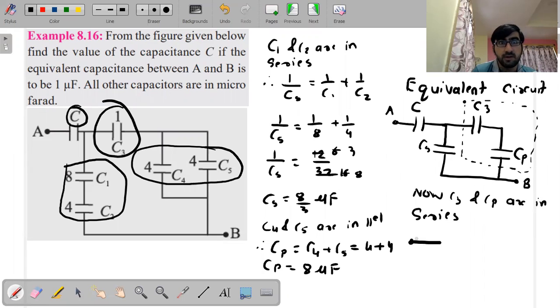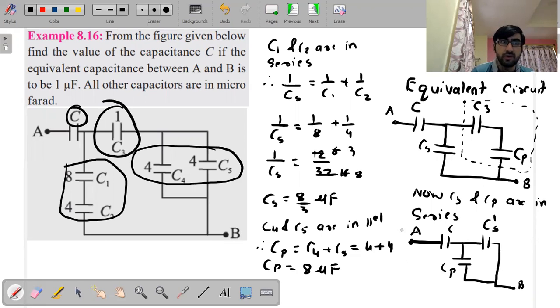So you have a point A over here, this is C, and I will replace C3 and CP by CS dash, because this is now one more series combination. And then you will have finally a circuit something like this. Okay, so more or less like this you will have.